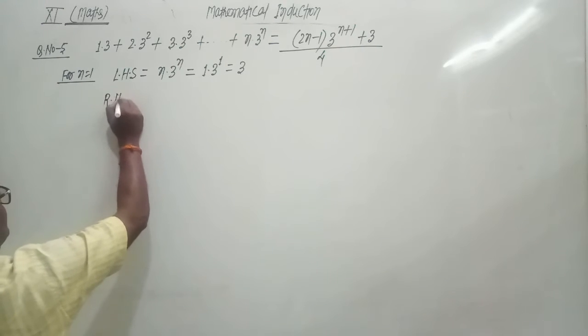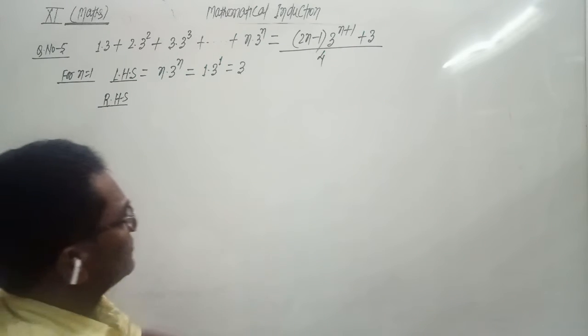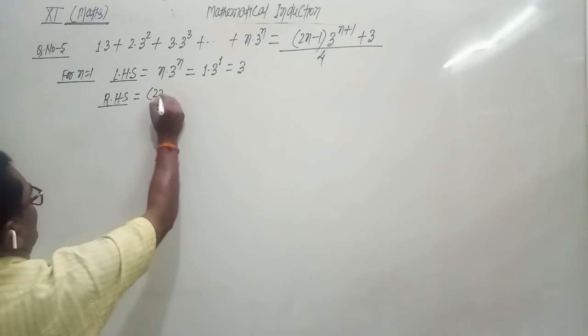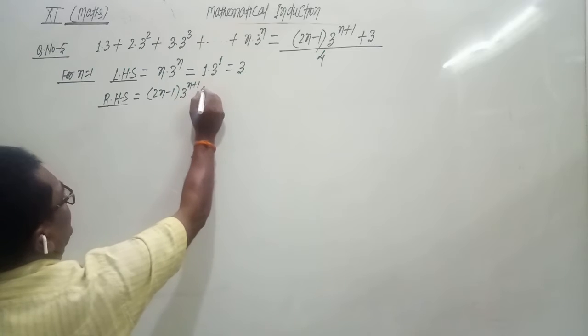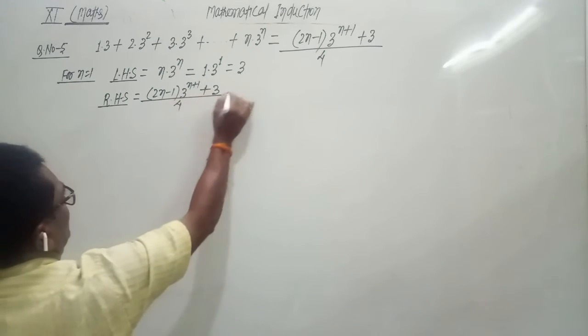Now in RHS, put the value of n equals to 1. The RHS is (2n minus 1) into 3 raised to the power n plus 1, plus 3, upon 4.